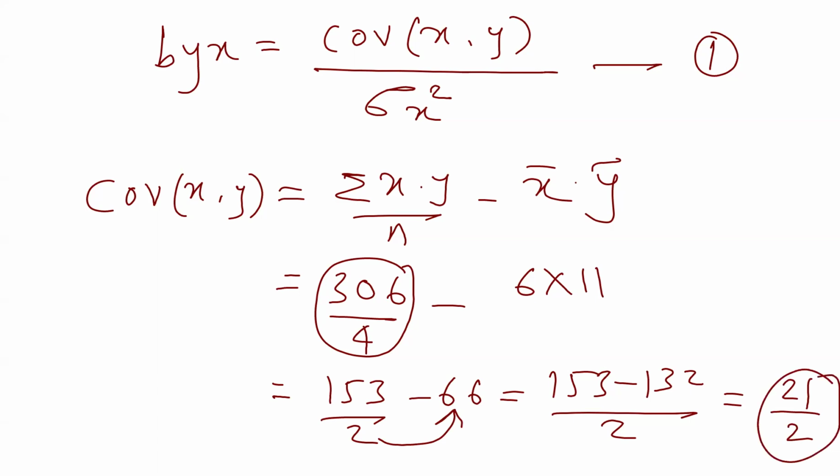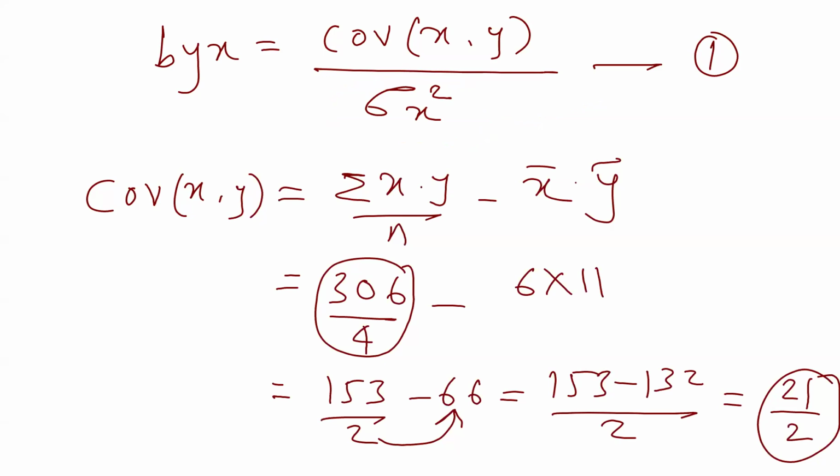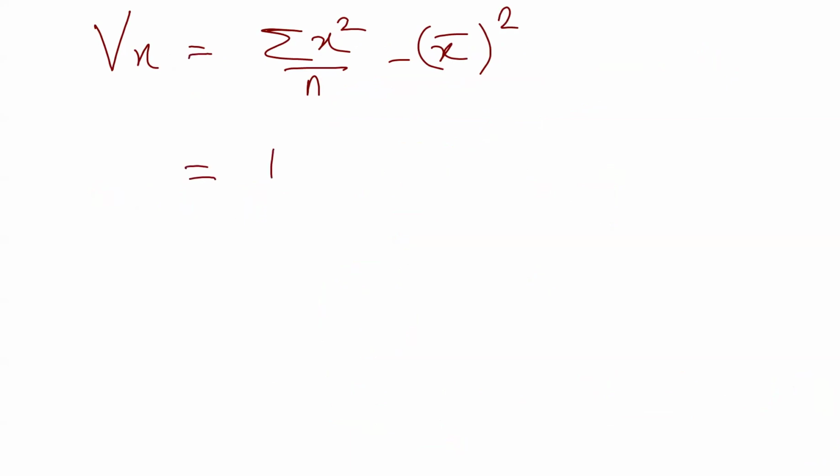Then we are supposed to calculate standard deviation of x square. Whenever you are supposed to calculate standard deviation, first calculate variance. So variance of x, we'll use this formula: summation x square upon n minus x bar square. So summation x square is 164 upon 4 minus x bar.